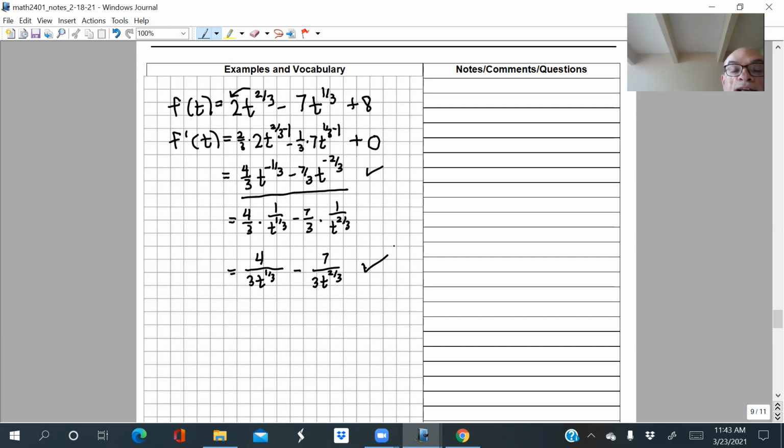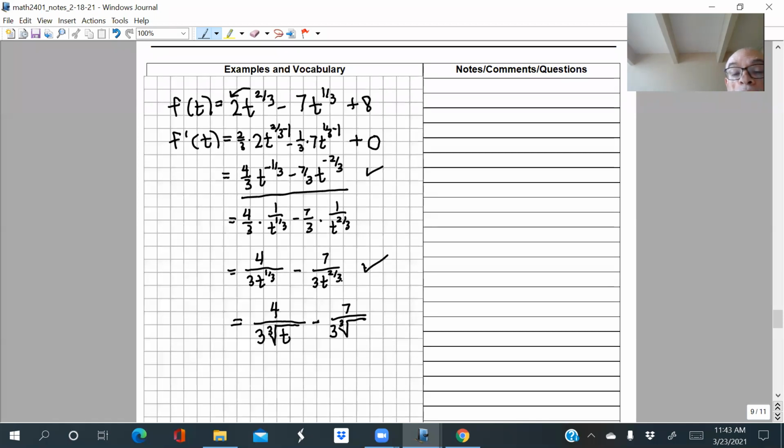Now, the reason I say stop at this point is you could simplify this, rewrite this further. But if you remember what 1/3 power means, 1/3 power is the same as cube root. So you could rewrite this as 4/3 times the cube root of t, and then minus 7/3, and then t to the 2/3 power is cube root again.